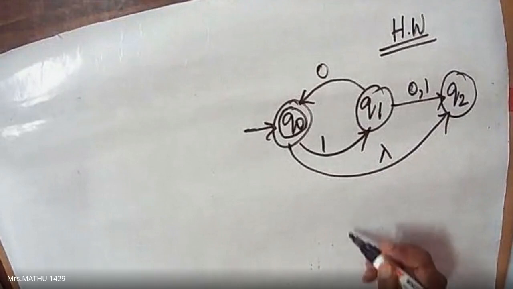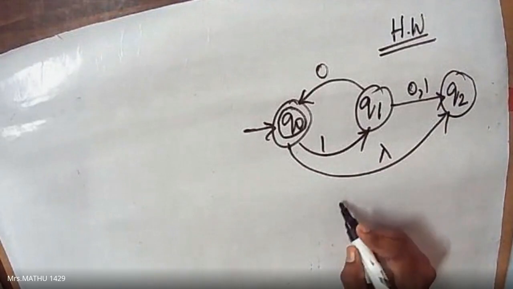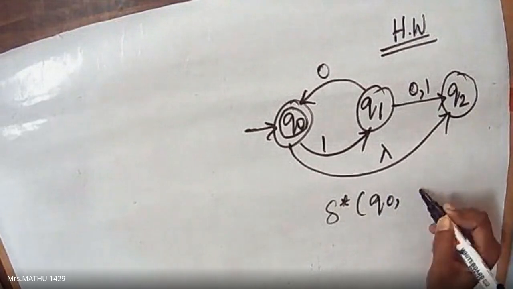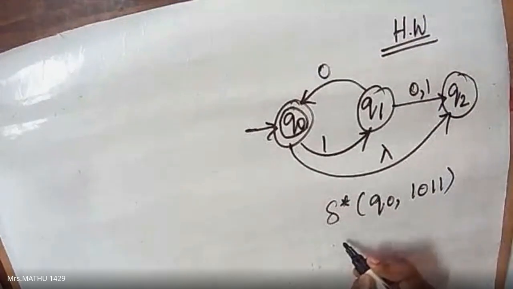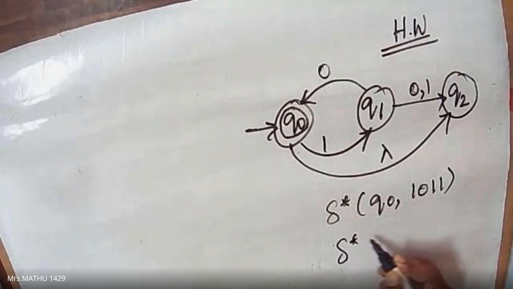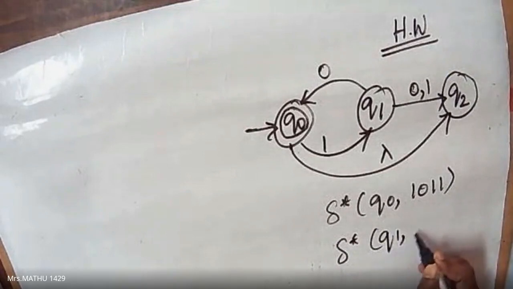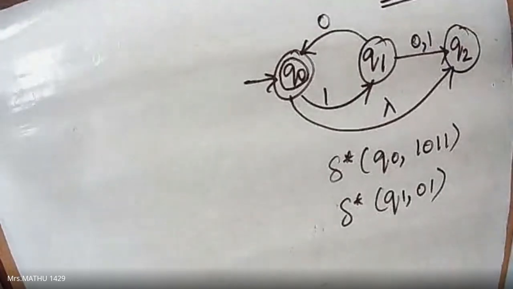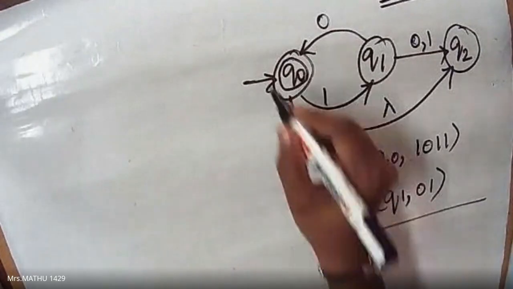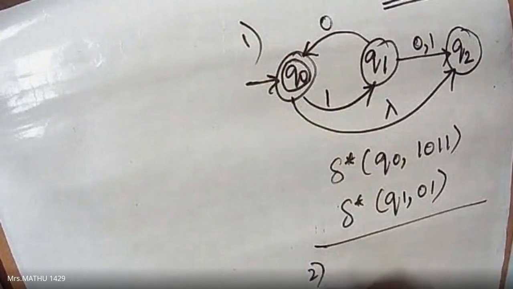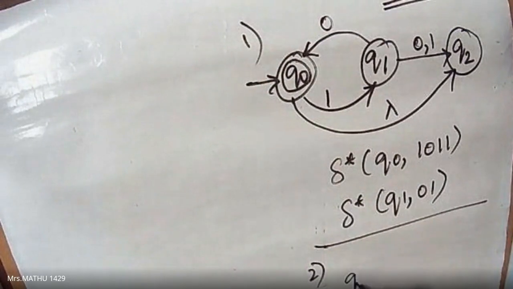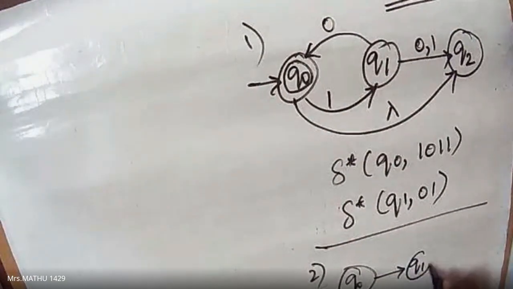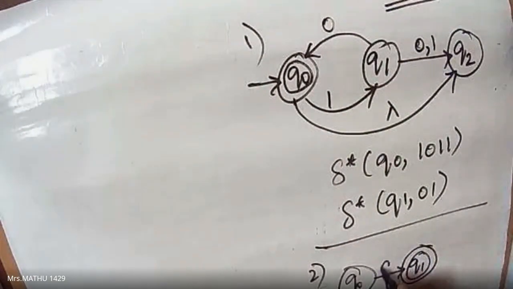Okay, this is the given transition graph. Now in this you find delta star of Q0 comma 1011 and delta star of Q1 comma 01. So this is one problem, and the second problem is... After doing this, if you are getting any doubt, you can please ask.